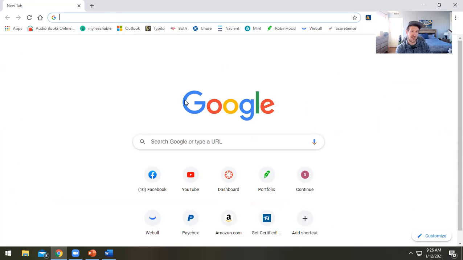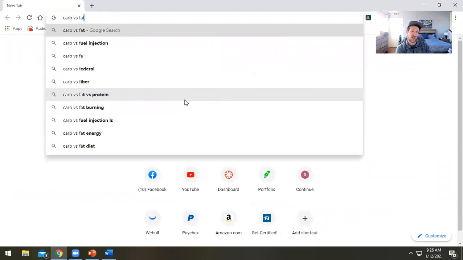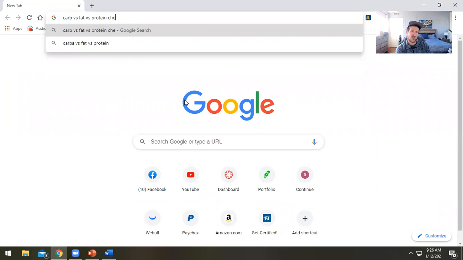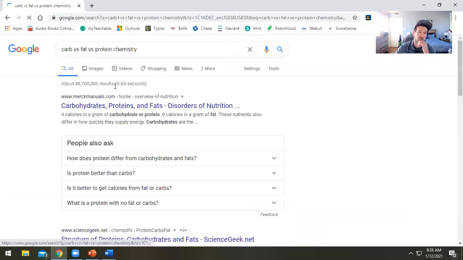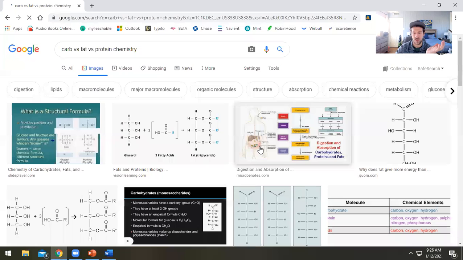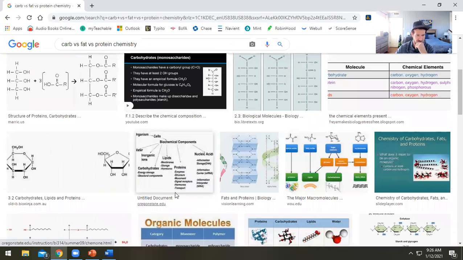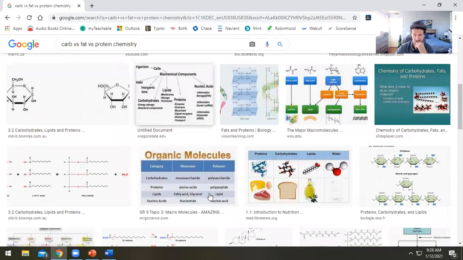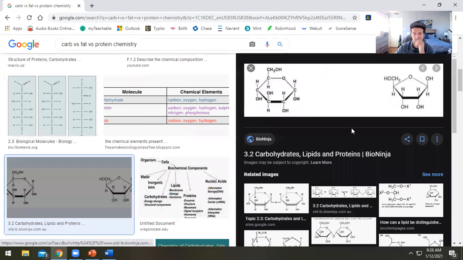But if we look at carb versus fat versus protein chemistry, let me show you what a protein looks like versus a carb. Actually, this is going to be kind of hard to find. They never put them on the same picture. All right, that's not bad. I'm going to pull that into a new tab.